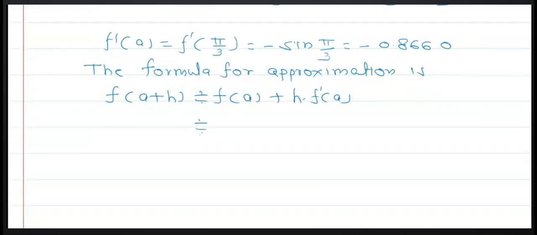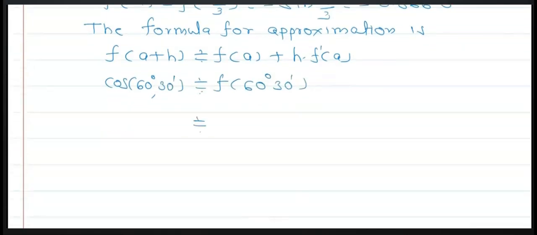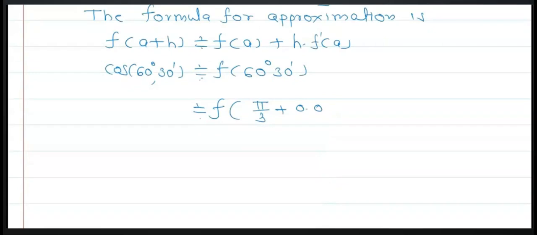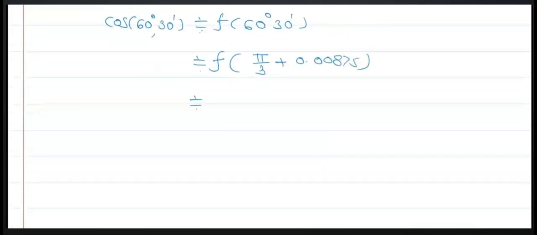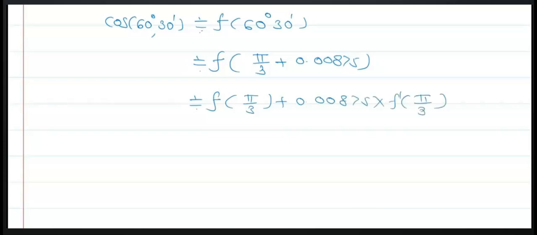That is, cos of 60 degree and 30 minutes is f of 60 degree 30 minutes, that is equal to f of pi by 3 plus 0.00875 into f dash of pi by 3.